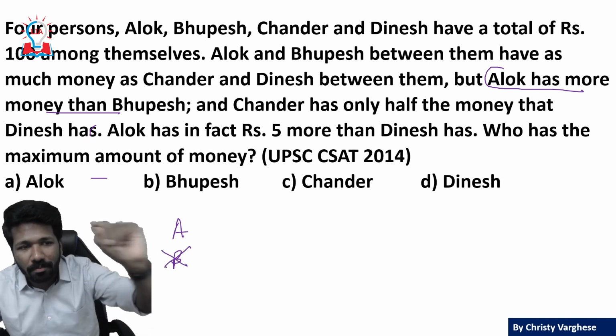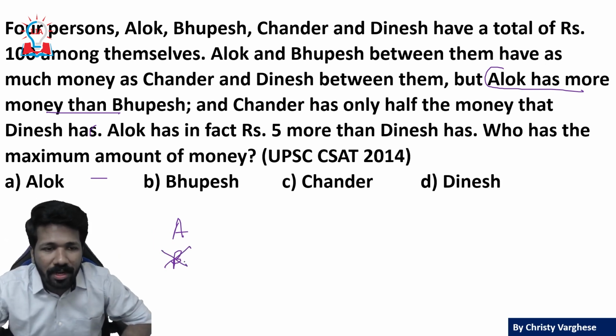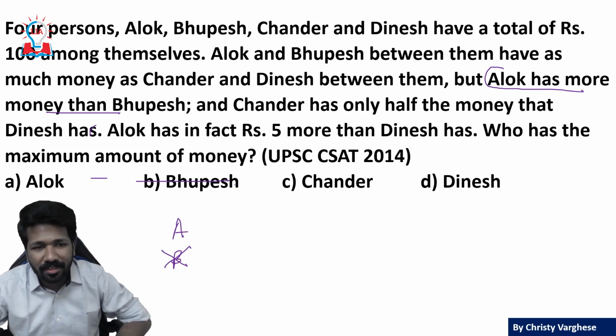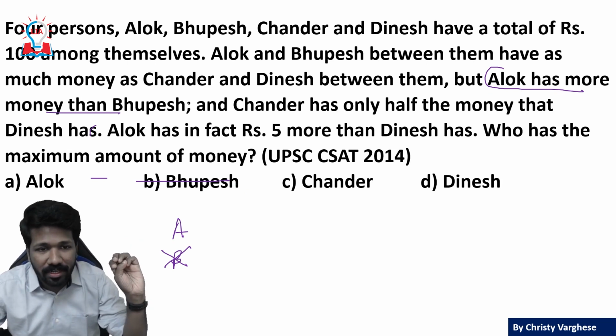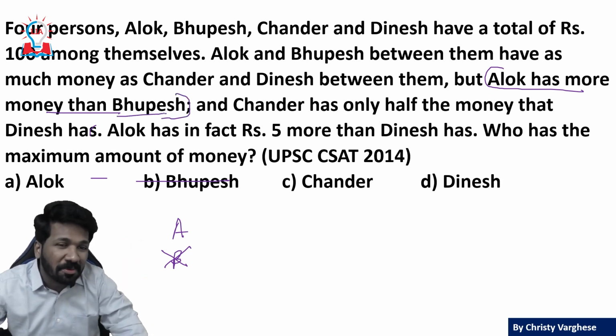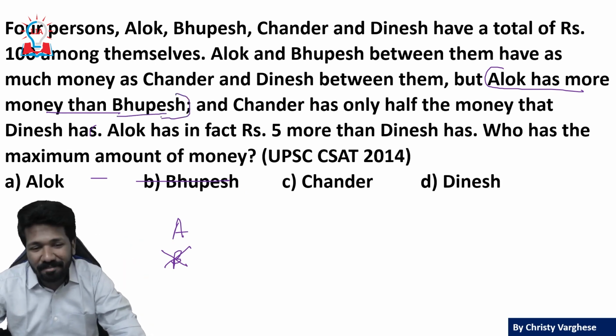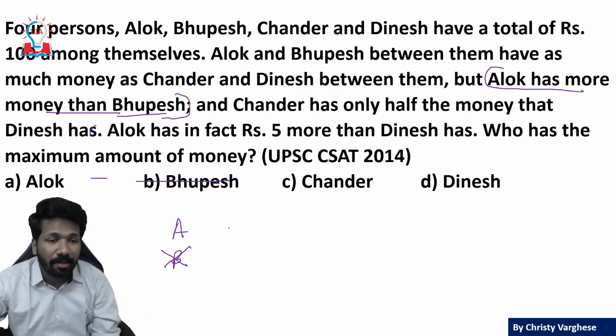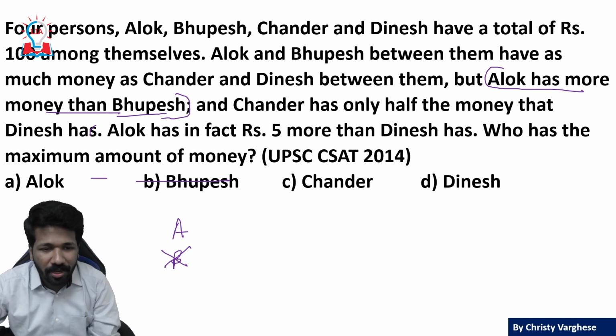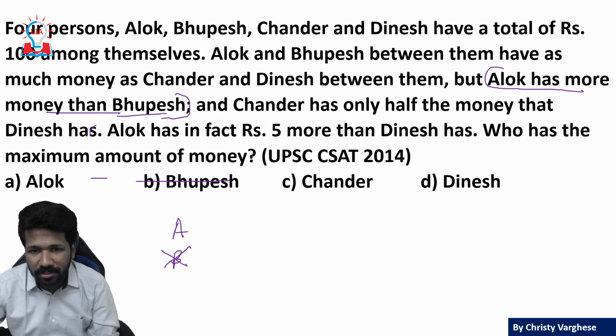We already know one more person who has more money than Bhupesh. Who has the maximum amount we cannot say from this sentence, but who doesn't have the maximum amount, that we can say, because Alok is better than Bhupesh. So Bhupesh can be rejected from the options.